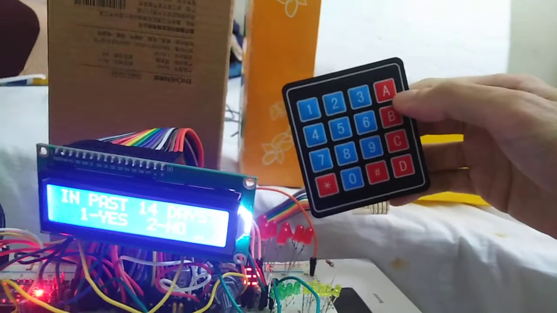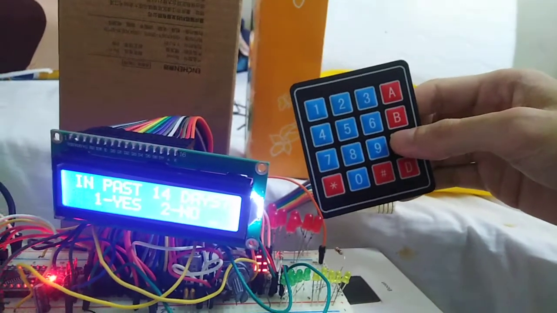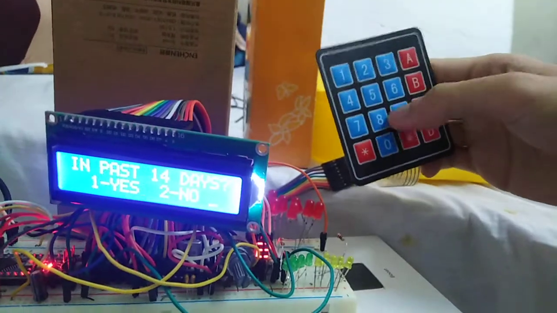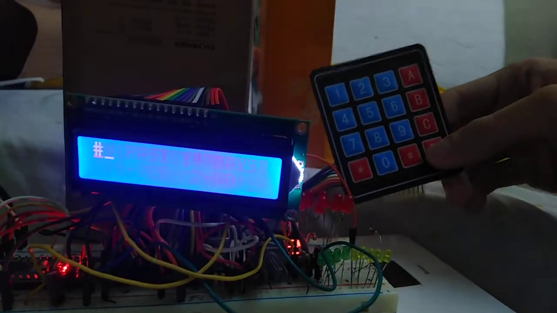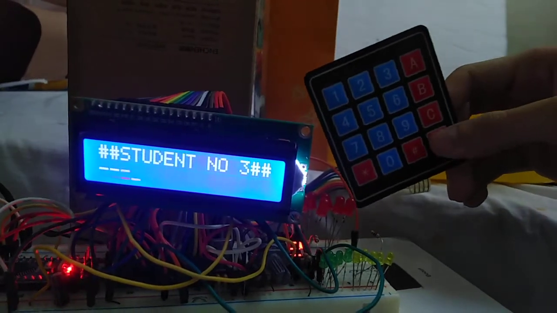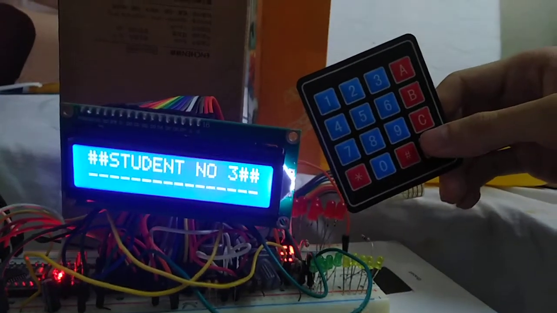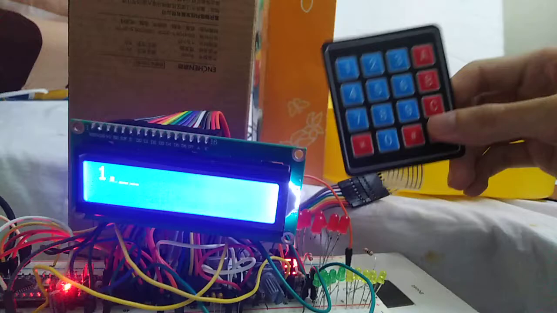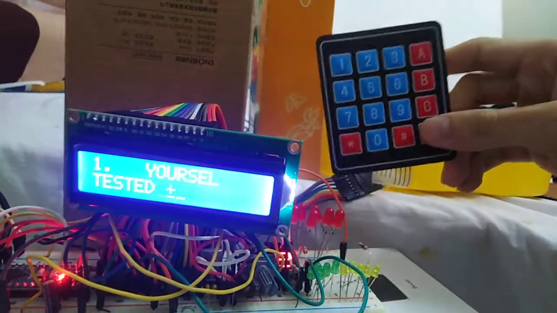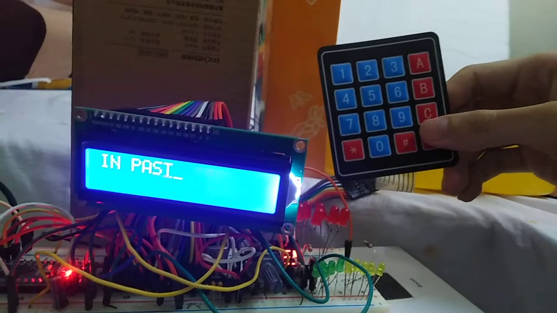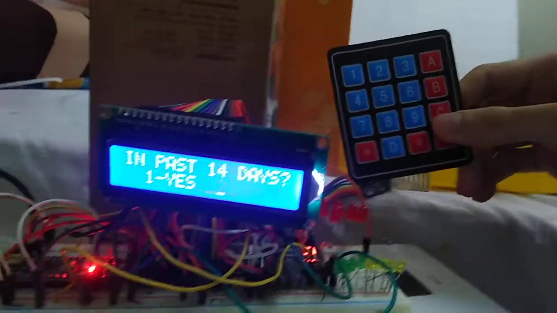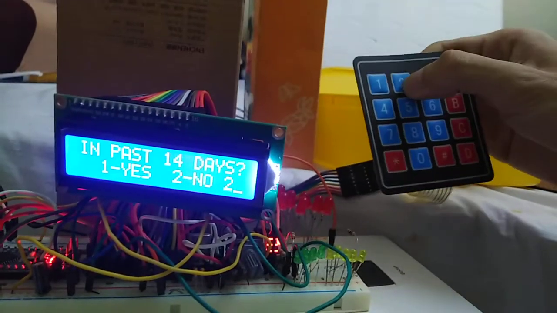Just now, as I mentioned, it can cancel registration also in this case, but other inputs cannot be pressed. However, I still can check my position of the student registration. So it is the third student registration. So next we check again. It comes back again. Yourself tested positive COVID in the past 14 days. Yes or no? So maybe I say no.